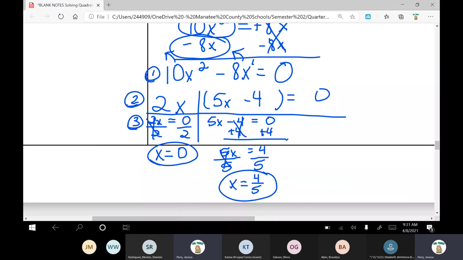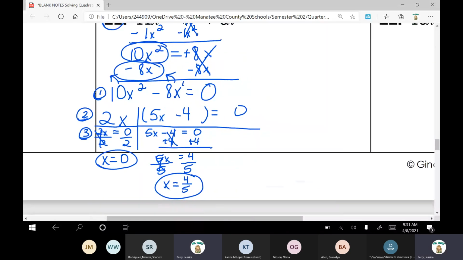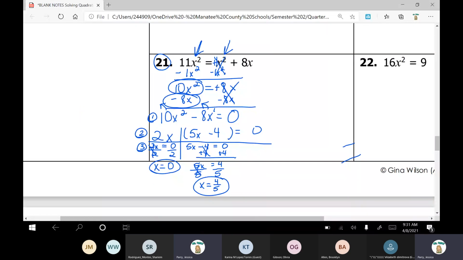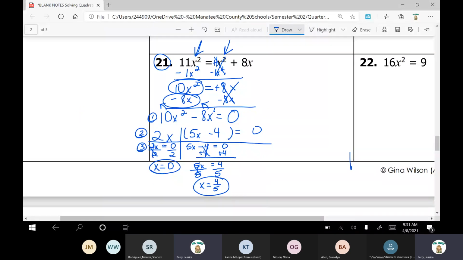So there's the other part of our answer. That was step 3. Now we'll do step 4, which is to put it with the squiggly curly brackets. Step 4 over here. X equals, we've got our squigglies. Smaller number first, here's the 0, then that fraction 4 over 5. And then there's your final answer there.